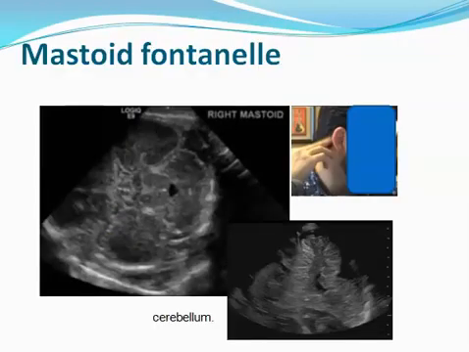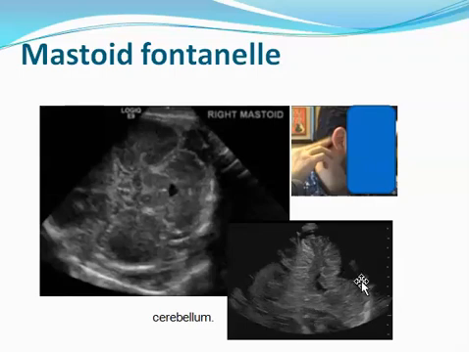This is another window, looking through the mastoid fontanelle, which is right behind the ear. By placing the probe at the mastoid fontanelle of the neonate and sweeping the probe back and forth, you can see the cerebellar peduncles.